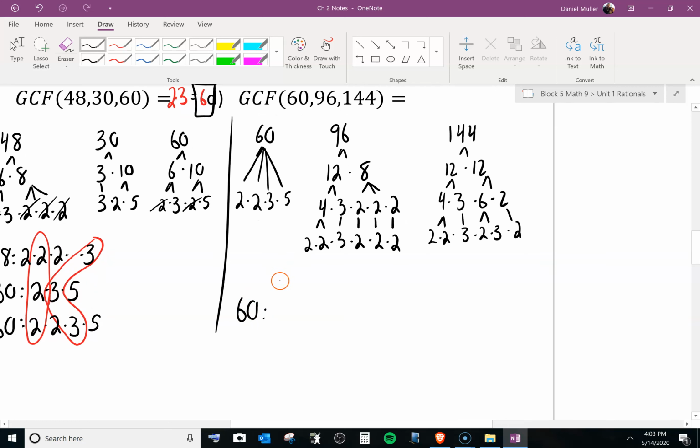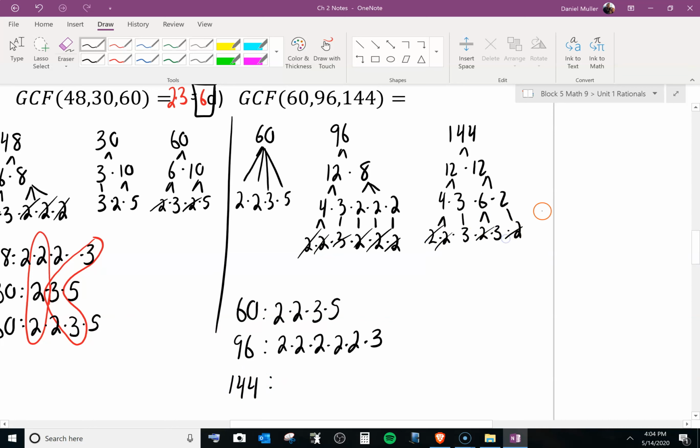Now 60 was 2 2s, a 3, and a 5. 96. Okay, so how many? There's a lot of 2s here. 1, 2, 3, 4, 5, and then a 3. And 144 is 1, 2, 3, 4. So there's 4 2s and then 2 3s.